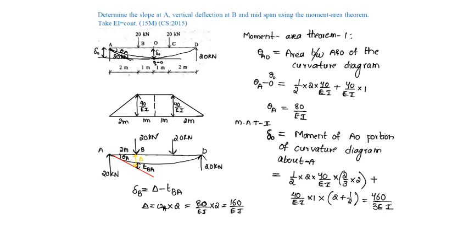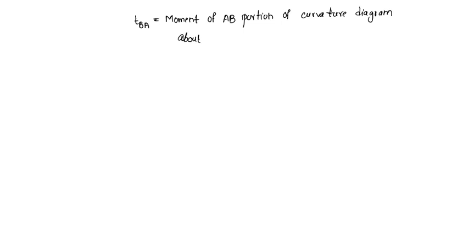To find TBA, that is the moment of the AB portion of the curvature diagram about B, that is half of base into height into the CG distance, which is 1/3 of base, which will be 80 by 3 EI.